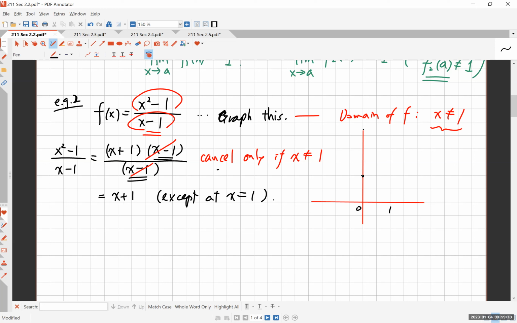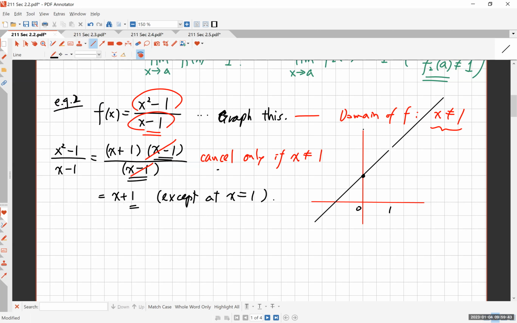X plus 1 is the line whose slope is 1, and the y-intercept is also 1, right? Okay, so I think I can draw mine like this. Ooh, beautiful, right? Yeah, the graph will look like this, basically.